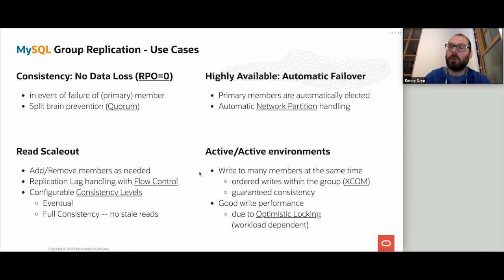The default that we have is single primary mode, which is one primary and multiple secondaries. So it's not a scale-out system. Every database server in the group has the full data set and has to apply every write transaction, so write scalability cannot be achieved.